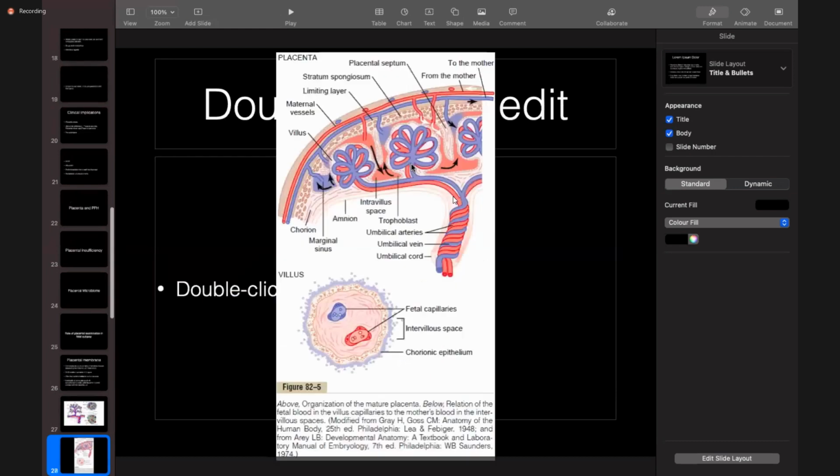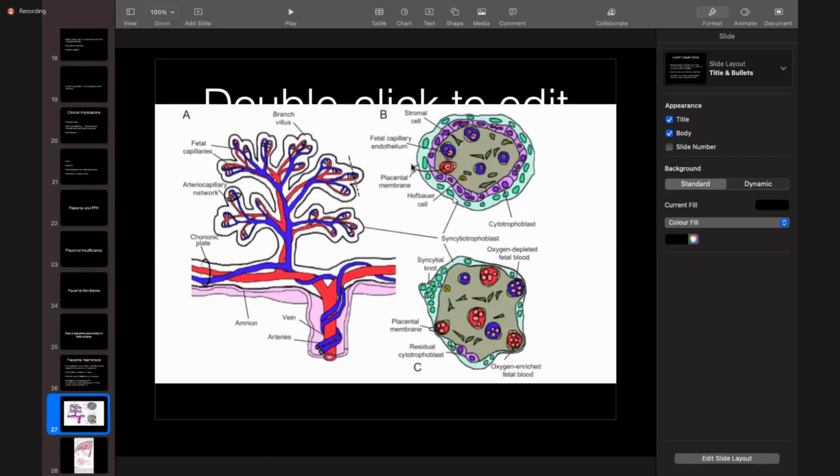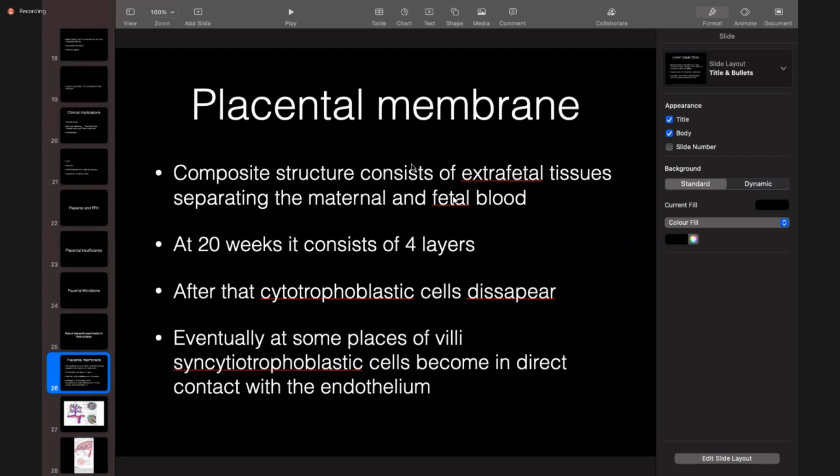Just to know, this membrane will transfer lots of micro substances. It's a thin layer called placental membrane. Whenever you see a placenta, you will see the placental structure, cotyledon and amnion on one side, and under that you will see the placental membrane.